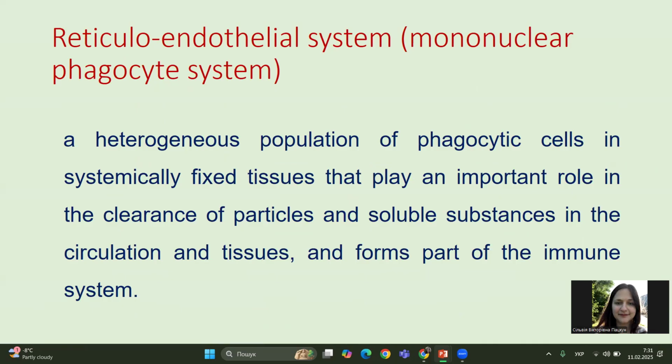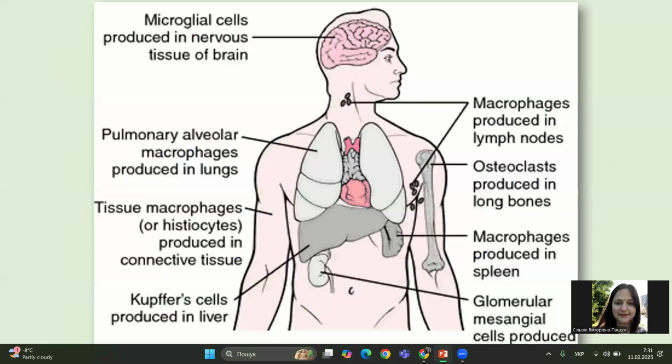Also, there is one system in the body which together contains all cells which are capable of phagocytosis. A heterogeneous population of phagocytic cells in systemically fixed tissue that play an important role in the clearance of particles and soluble substances in the circulation and tissue and form part of the immune system.